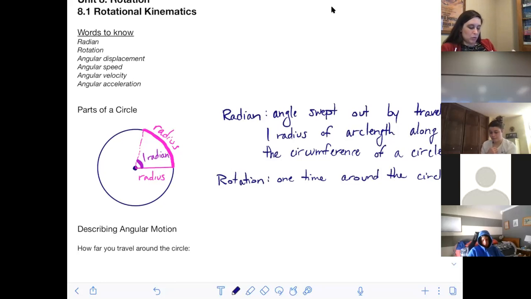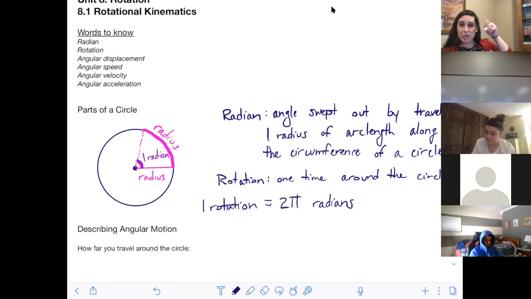Now we can relate rotations and radians to each other, because one rotation, one time around the circle, occurs when we sweep out 2 pi radians. Just as we saw on that cool GeoGebra thing, we sweep out 2 pi radians with every single rotation. Okay.